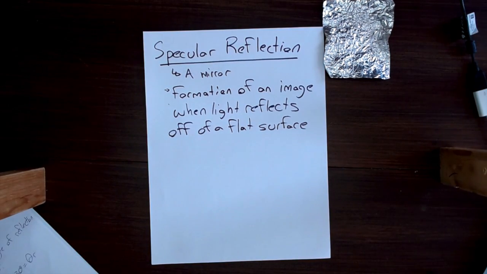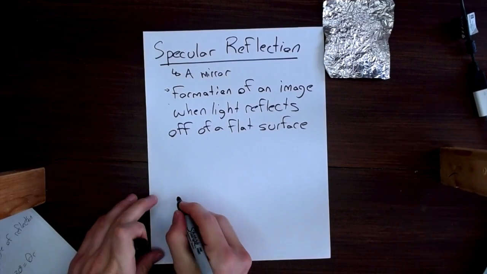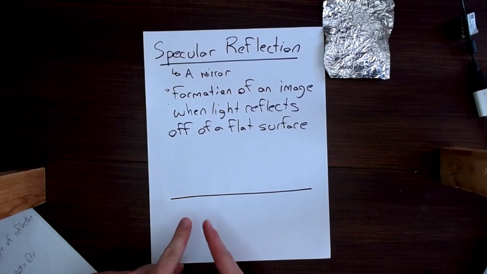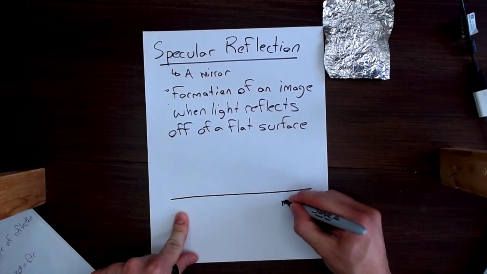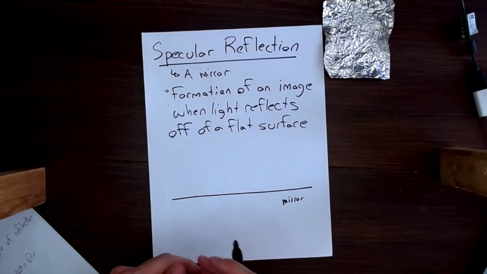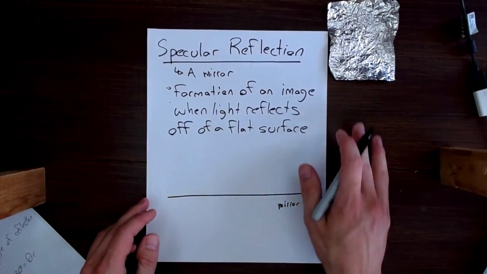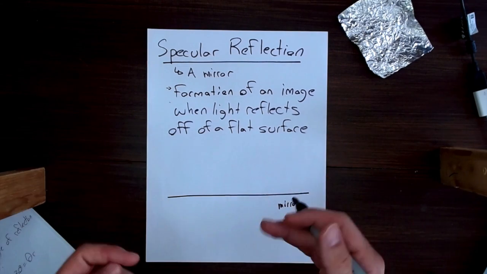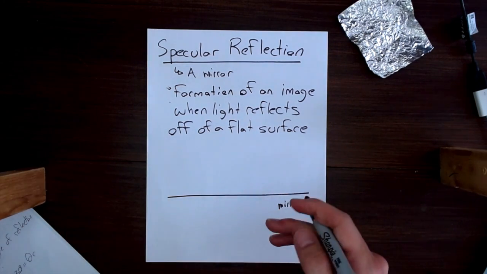Okay, so when you have a formation of an image off of a flat surface, looking at sort of a diagram of what this would look like, imagine this is my flat surface, this is my mirror. Other things demonstrate specular reflection as well. A very still body of water, if you look in, you can actually see your reflection, right? That's an example of specular reflection.